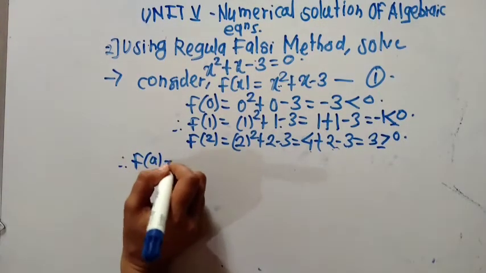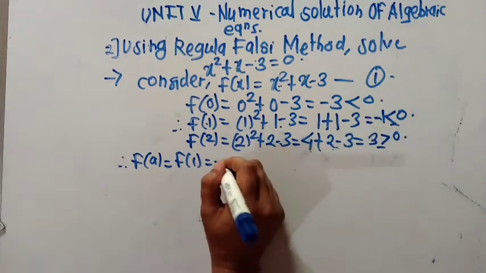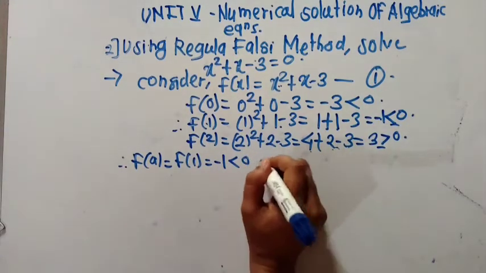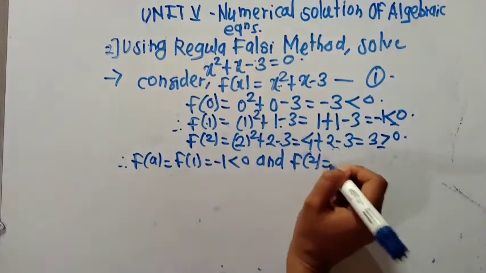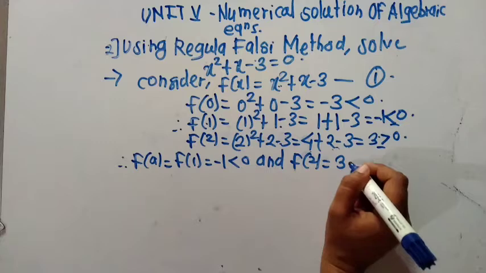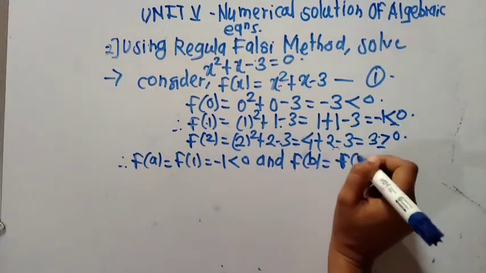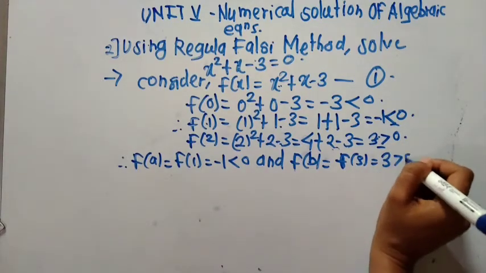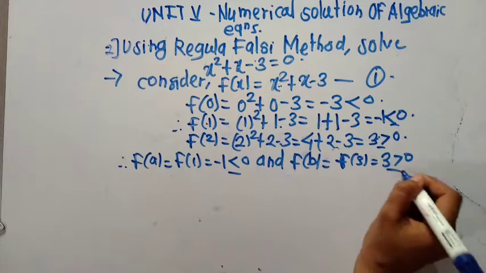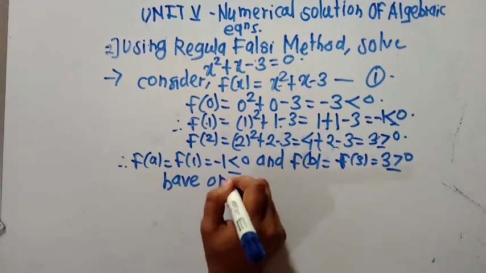Hence f of a, which is f of 1, is equal to minus 1, less than 0, and f of b, which is f of 2, is equal to 3, greater than 0. So less than and greater than have opposite sign.